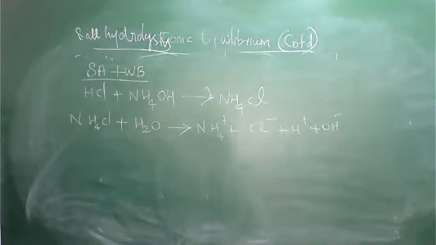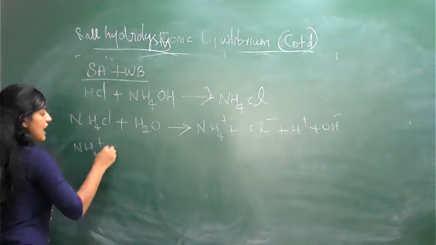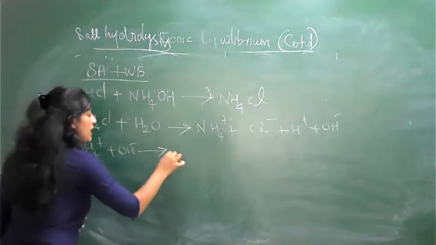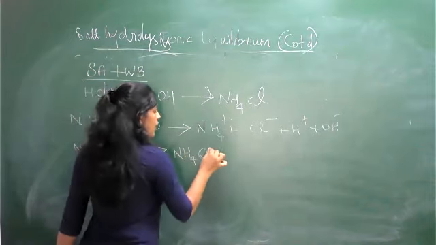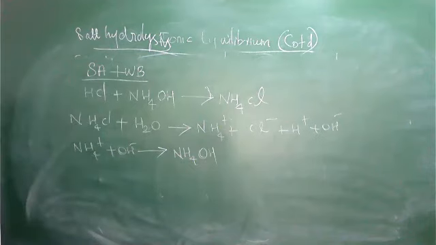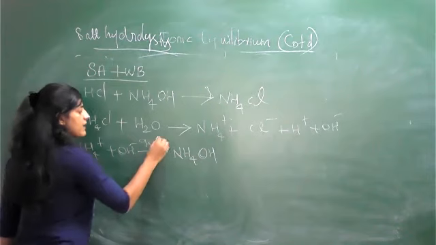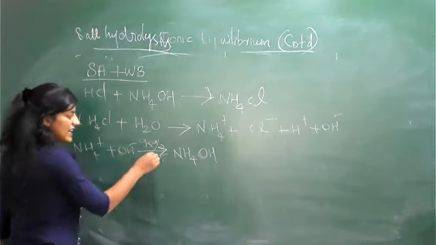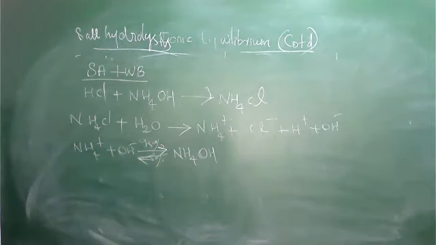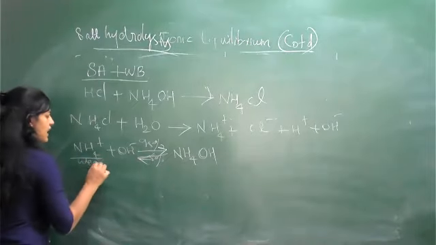Then NH4 plus should react with the OH minus to form NH4OH. Is dissociation possible? NH4OH, because 95% becomes dissociated, only 5% will re-dissociate. That's why this is suitable for hydrolysis, because ammonia is weak in nature.